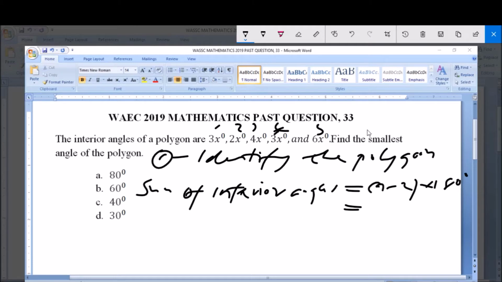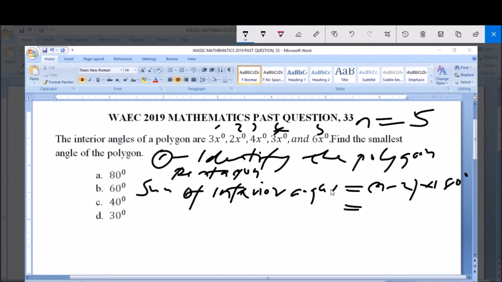Now n is the number of sides, and we just explained that our number of sides is equal to 5. This polygon has 5 sides, so I say identify the polygon. The polygon is a pentagon with 5 sides. We counted the number of sides.